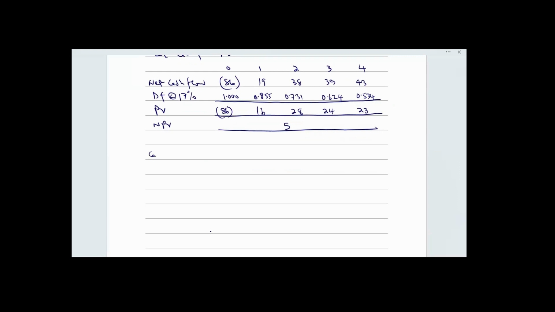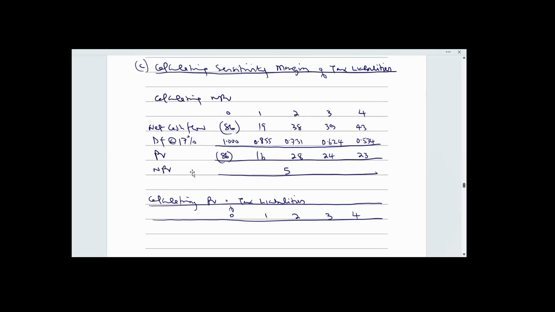I will then say calculating present value of tax liability. Year 0, 1, 2, 3, then year 4. In our solution, we have tax liability, we also have tax saved.